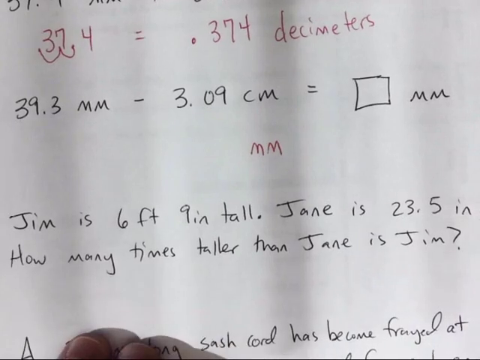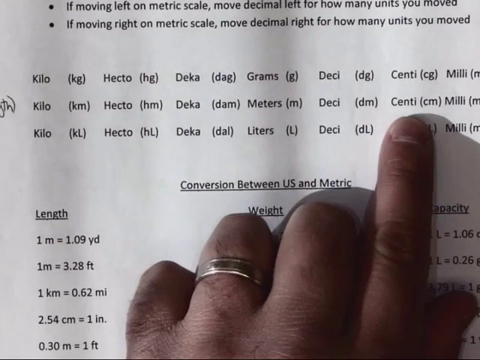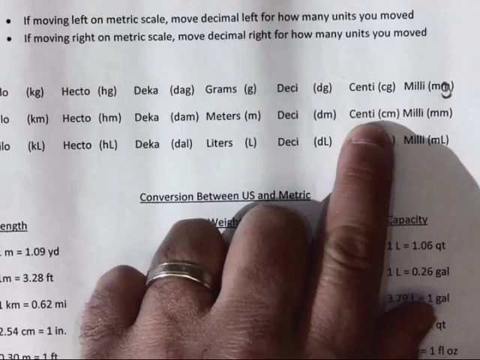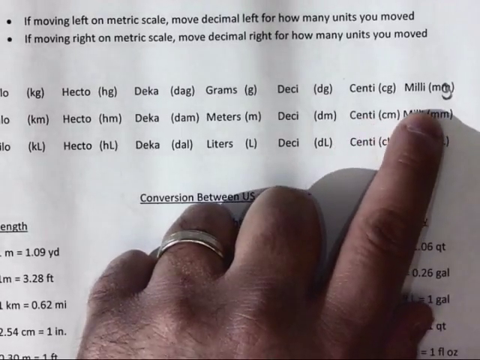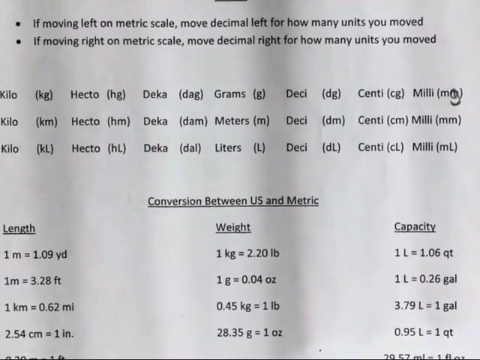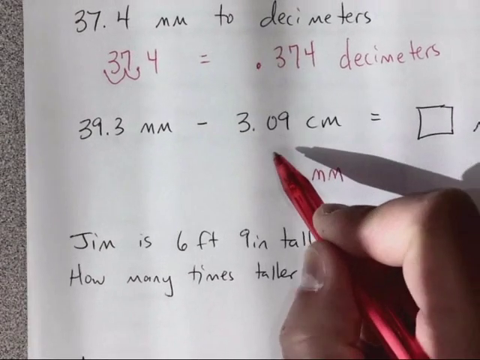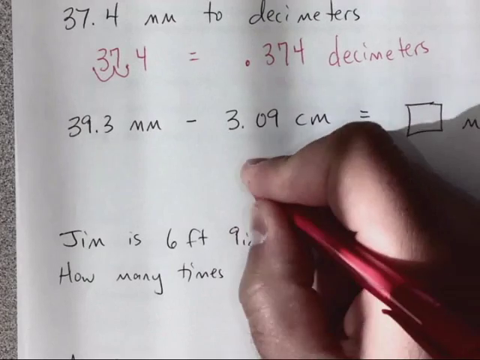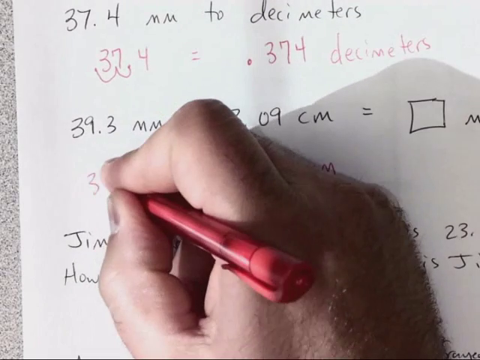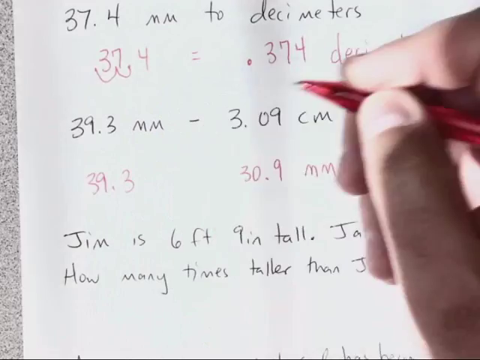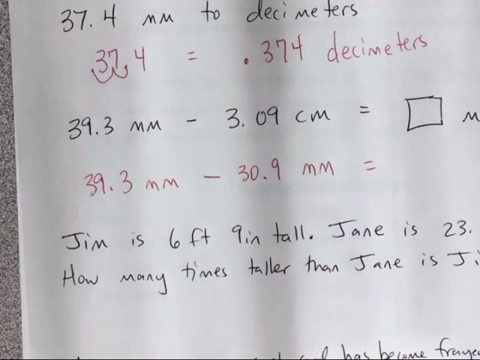Okay, so let's go to our conversion. We're going from centimeters to millimeters, so I'm going to move the decimal 1 place to the right. So if I move the decimal 1 place to the right, I get 30.9 millimeters. And then now I can subtract those two.